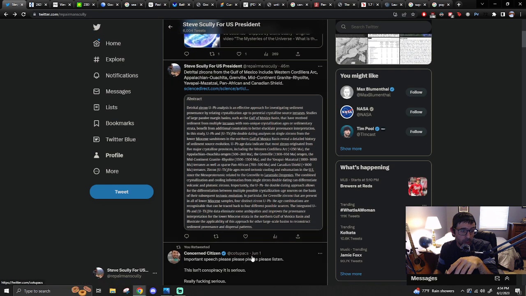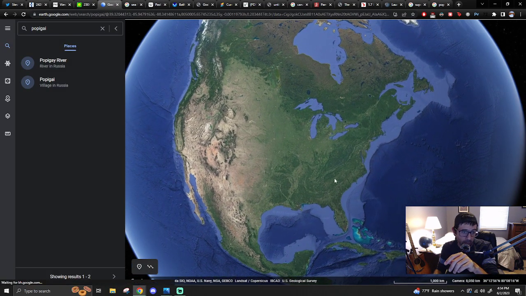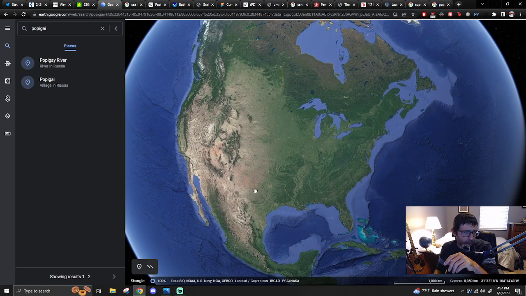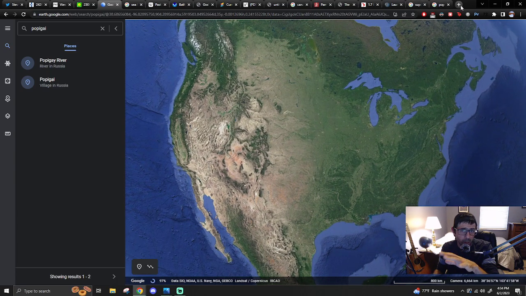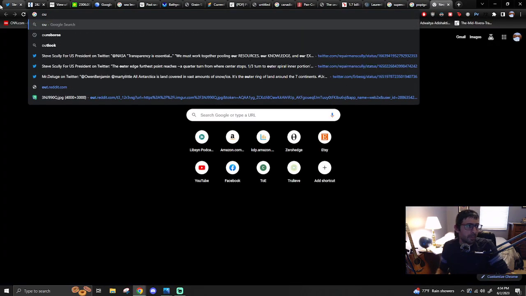Detrital zircons are worth noting. Detrital zircons from the Gulf of Mexico include Western Cordilleran Arc, Appalachian-Ouachita, which is a continuation this way somewhere. Though possibly this even, I'm not completely sure anymore.